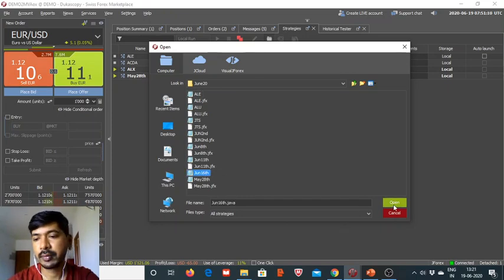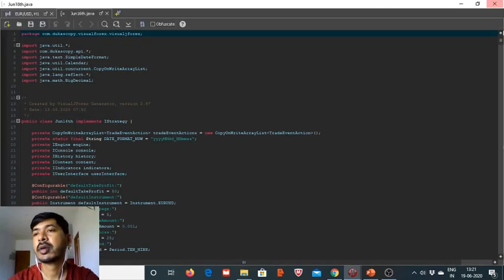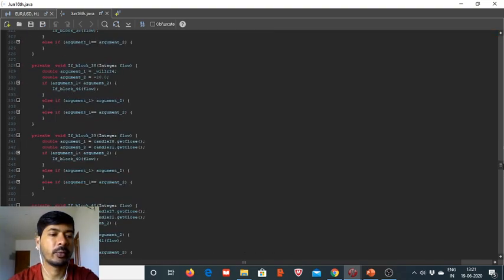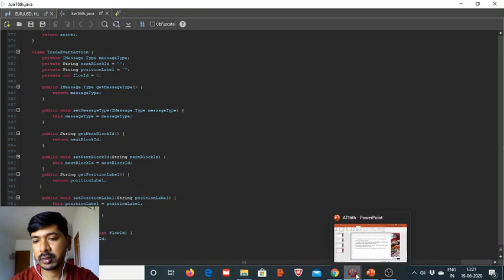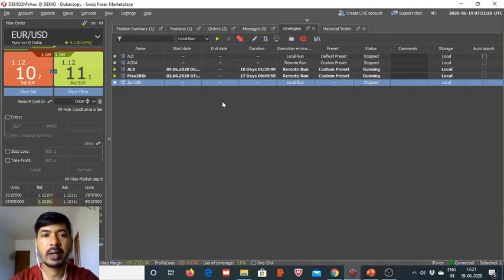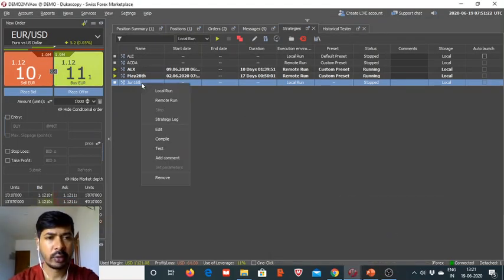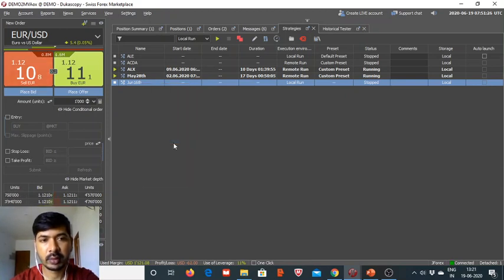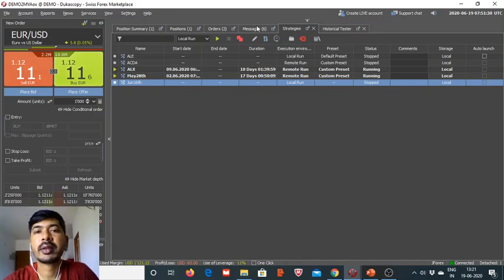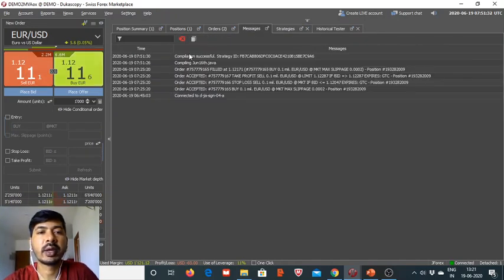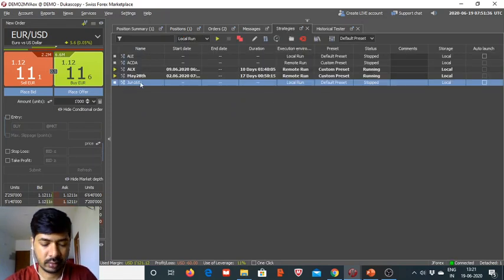Okay, we got it. So here is our algorithm which we have developed in last 4 trading sessions. First we have to compile it and only after that we will be able to test it. So here is the compilation. Let us see if it has been successful. Okay, compilation successful. Now we test it.